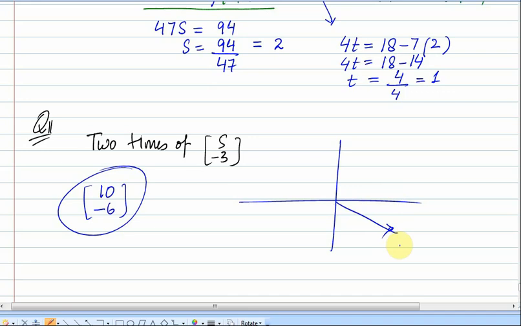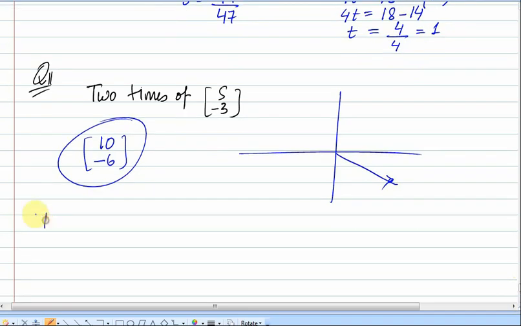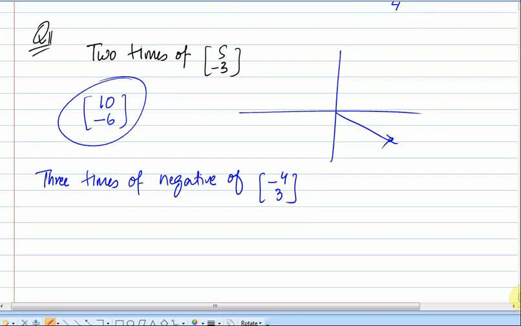Right? Similarly, in the next part it says 3 times the negative of (minus 4, 3). Now first find out the negative of (minus 4, 3). So it will be (4, minus 3).